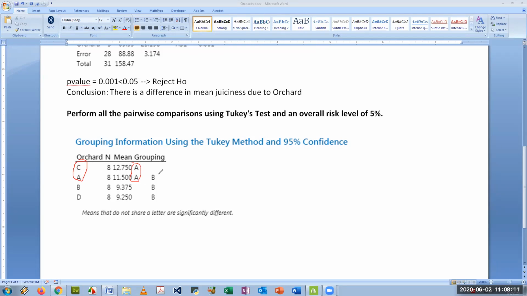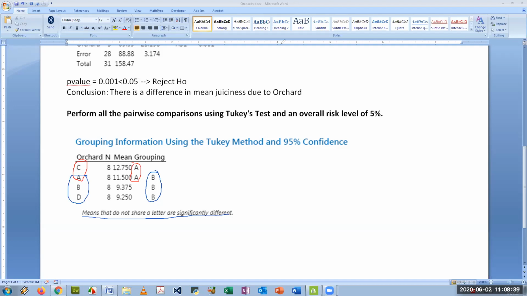And then let's call grouping B the blue group. And so there are 3 orchards, A, B, and D, that are in that group. And the rule is that means that do not share a letter are significantly different. So here we can see that C is different than B and D. But really, there are no other significant differences, right? B is different from C and there are no other significant differences.